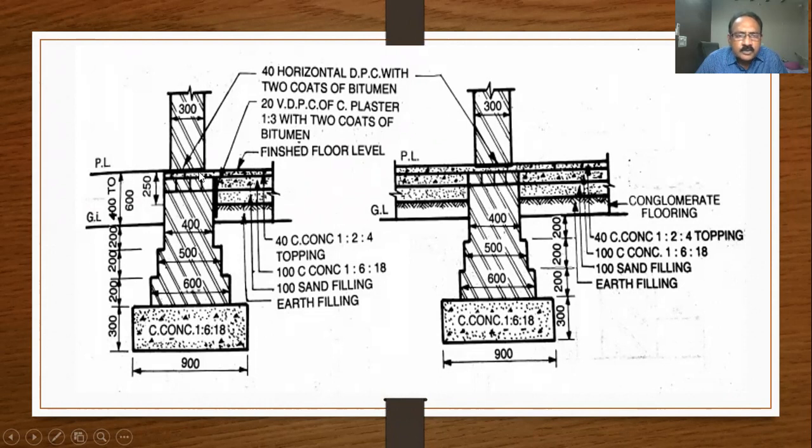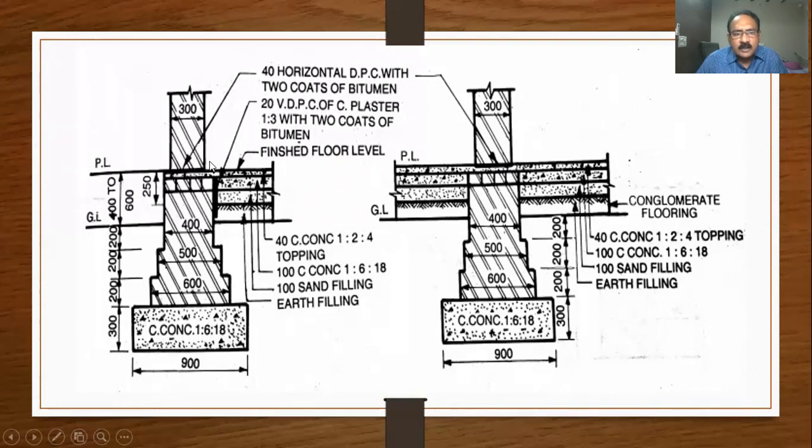Here, if you observe, a horizontal DPC with 2 coats of bitumen here and here. So this is the DPC, damp-proof course, to avoid water rising into the inside of the room above your foundation or plinth.